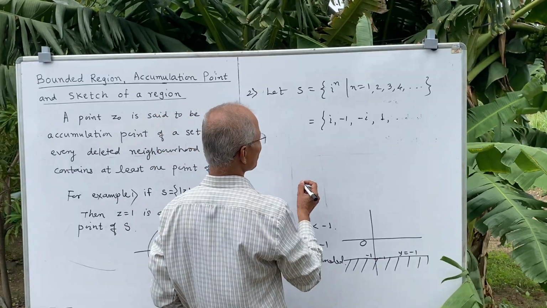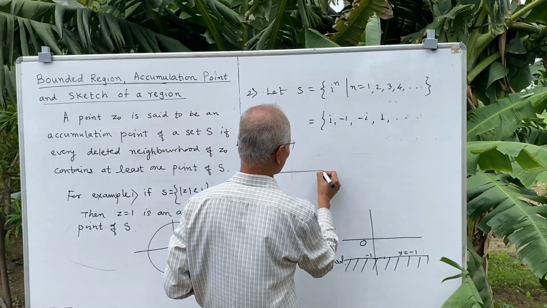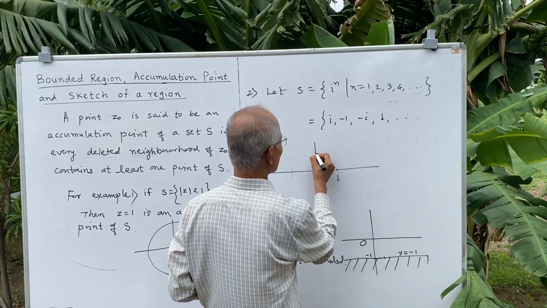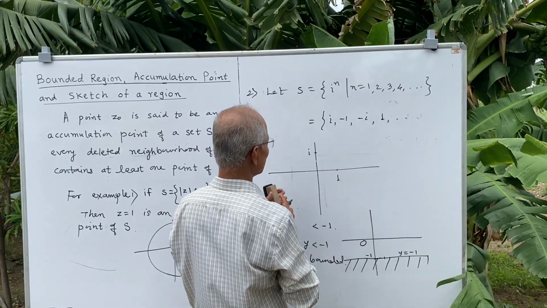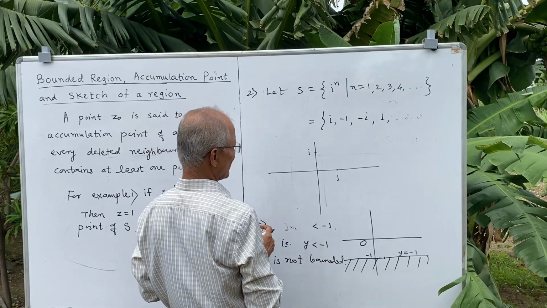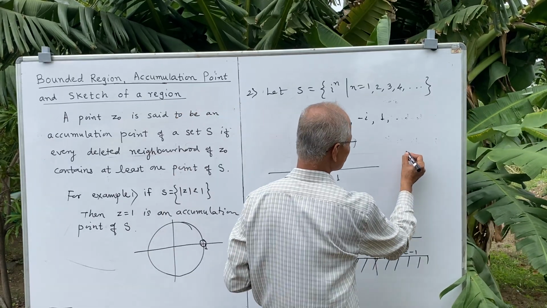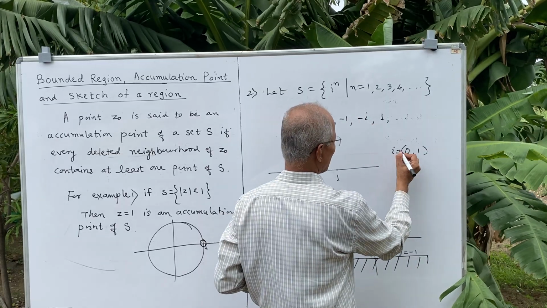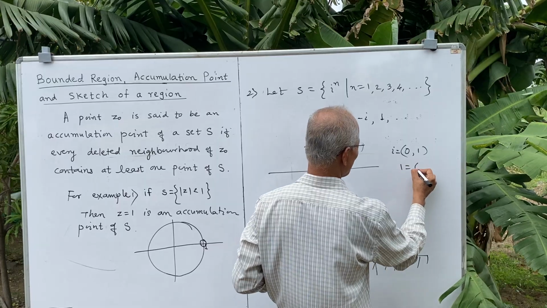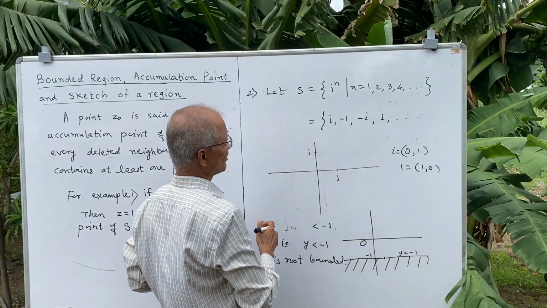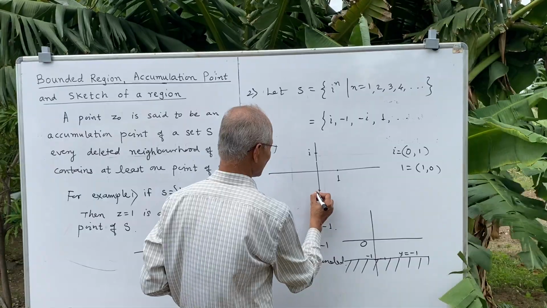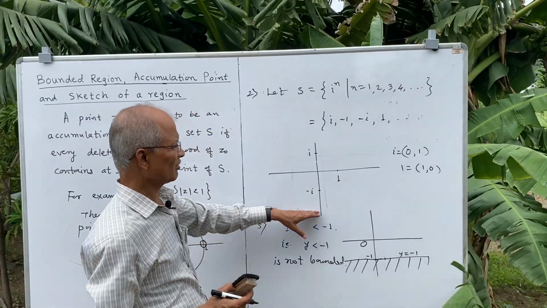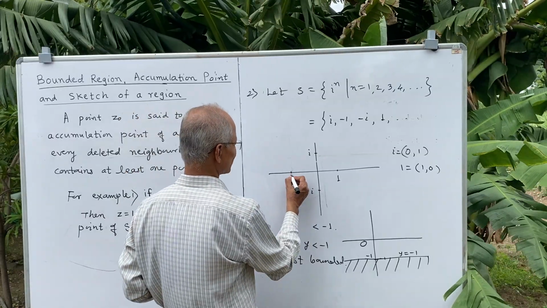If you consider these points in the complex plane, here is 1, here is I. The point I is 0 comma 1, and 1 is 1 comma 0. What about minus I? Minus I is here, this point, with coordinates 0, minus 1, and this is minus 1.